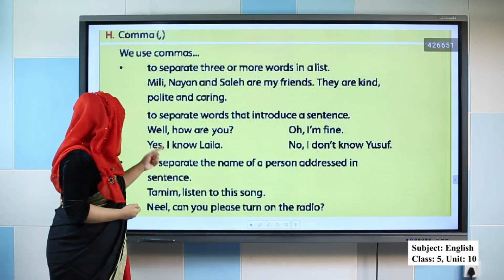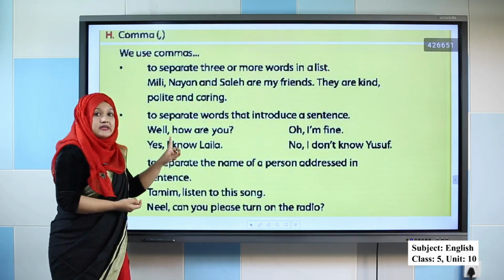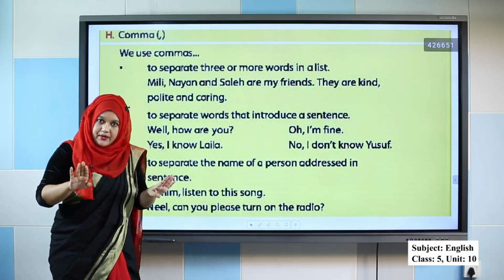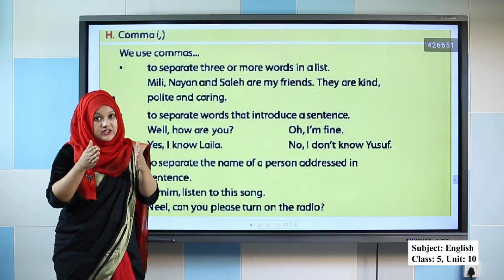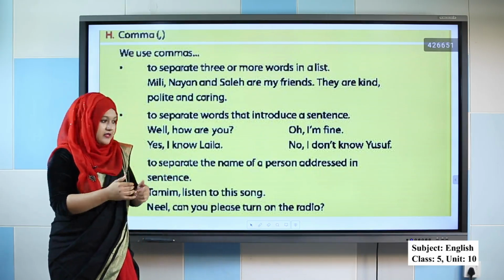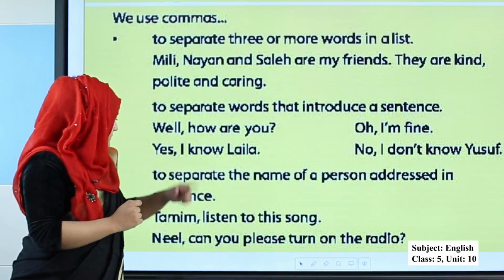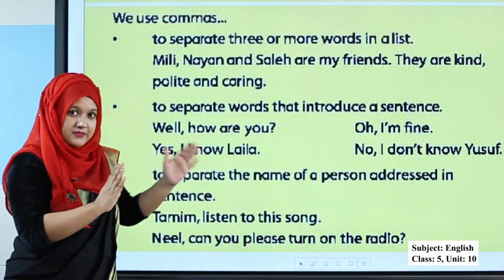Okay, and this is our second rule for using comma. And then the third rule, to separate the name of a person addressed in a sentence. Okay, if we have a name in a sentence, we need to separate the name from the sentence.